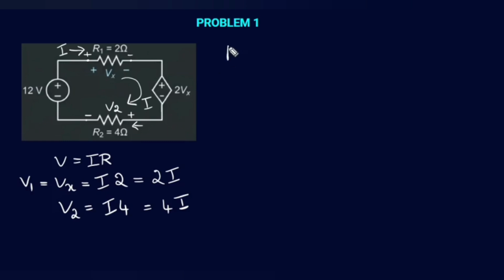Now let us directly apply our KVL. What do we know from KVL? We need to consider all the voltages in this particular loop, and the sum of all voltages will be equal to 0. The very first voltage we see is 12, and the current direction is in this particular way. You can see that current leaves through the positive terminal, so I'll consider positive voltage here.